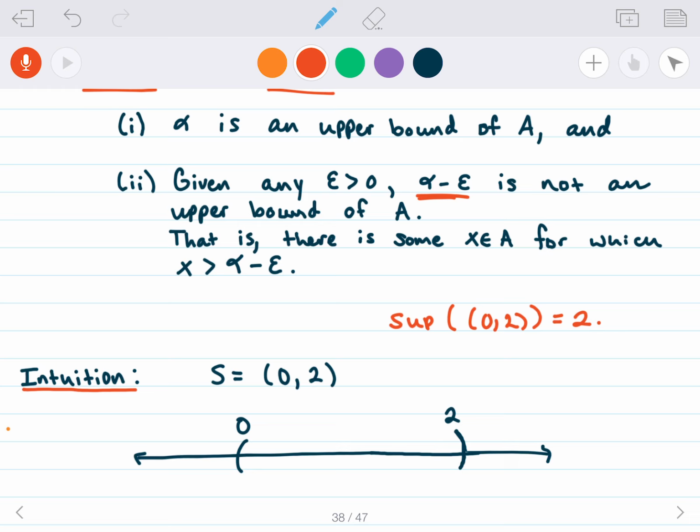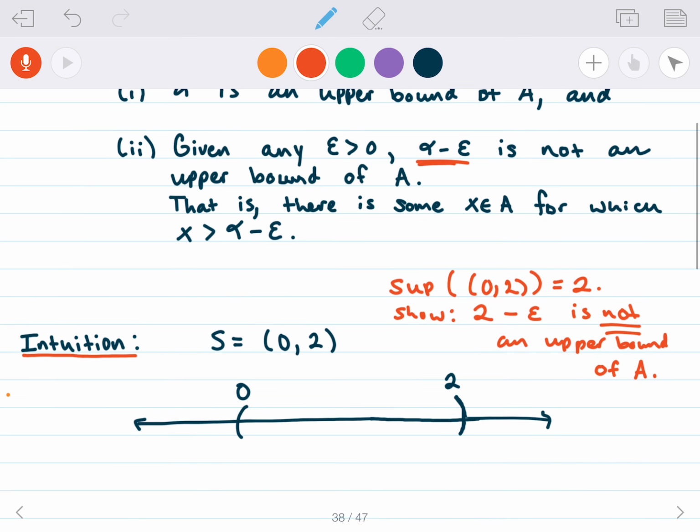So, show 2 minus epsilon is not an upper bound of A. Okay, so here's our supremum 2.